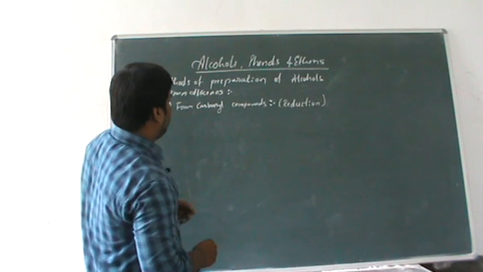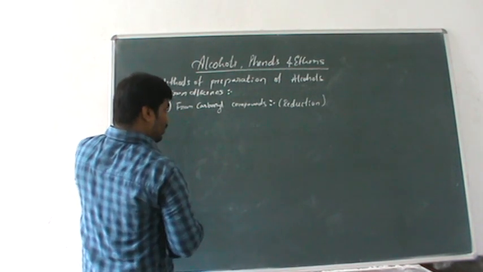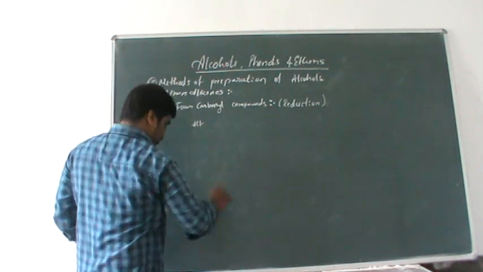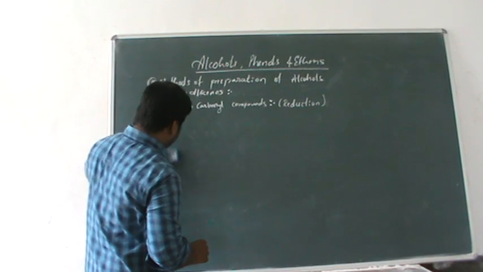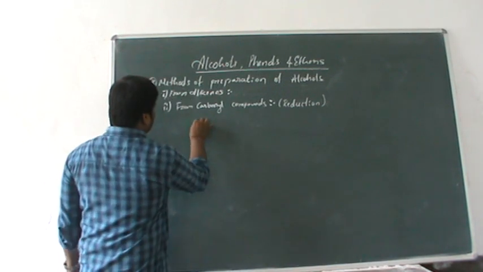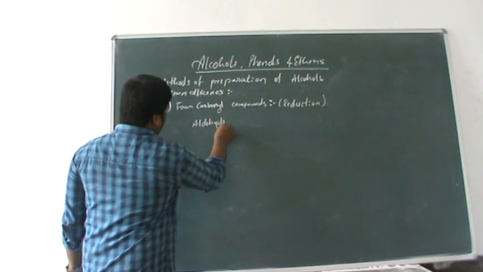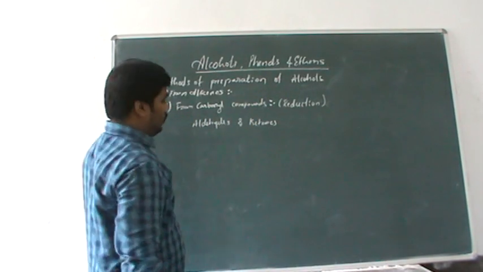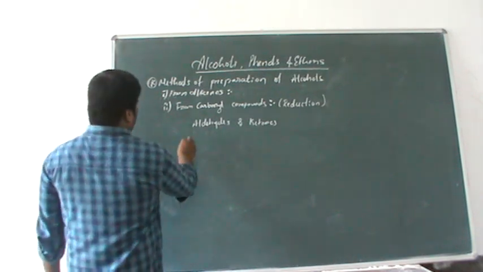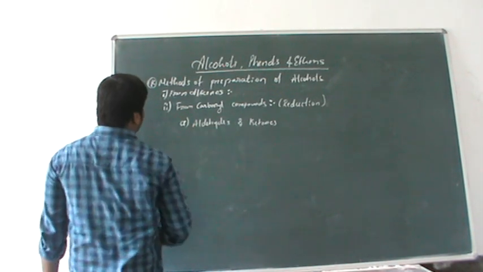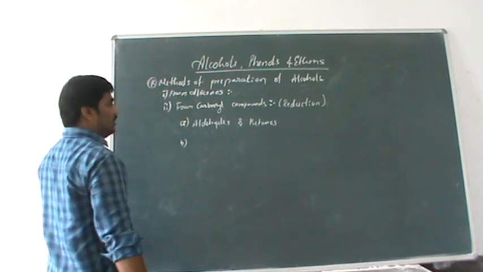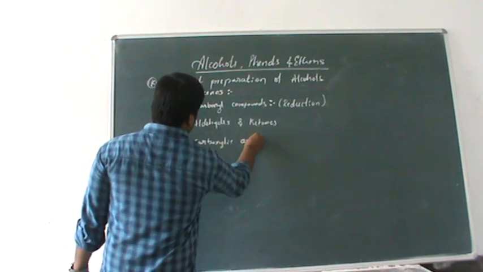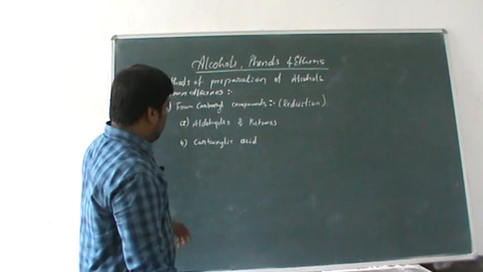In this case, I am considering simple carbonyl compounds like aldehydes and ketones. For aldehydes and ketones there is one method, and if you consider another carbonyl compound, carboxylic acid, then it is another method of preparation.